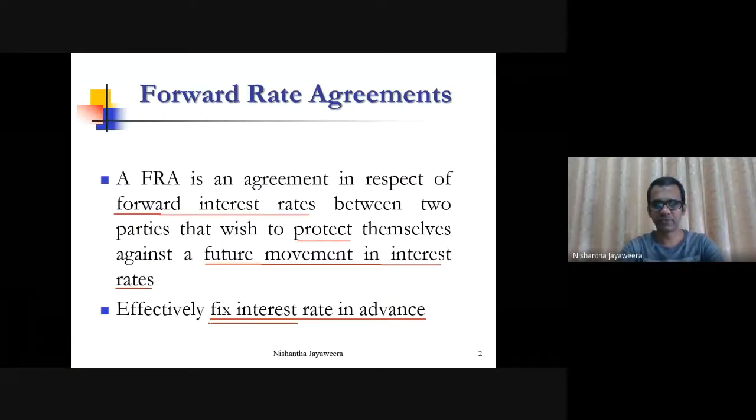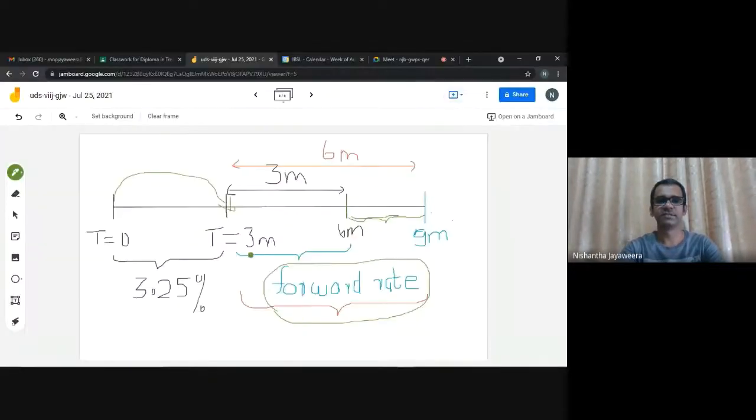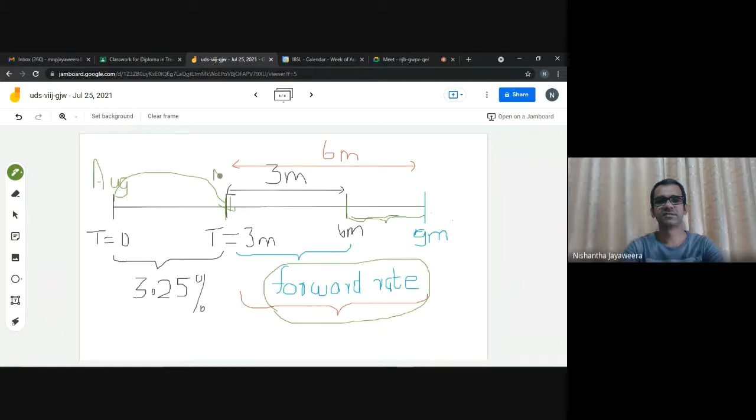So effectively, what do you do? Fix the interest rate for that period. Say after 3 months, say this is August. After 3 months means this is November.